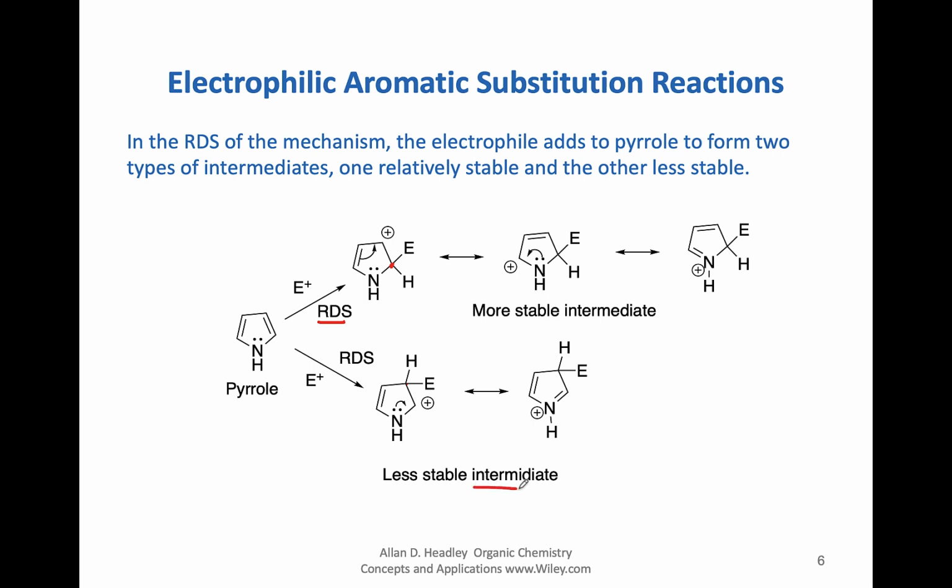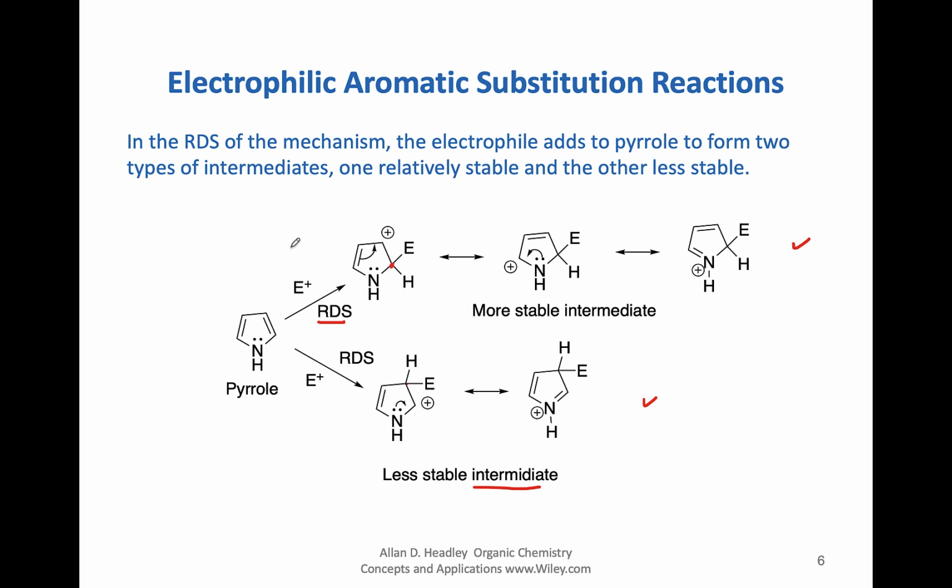The bottom line is, out of these 2 intermediates, this one and this one, which is more stable? Why do we need to know that? Because the more stable intermediate will lead to the major product. This intermediate here on top is more stable because we can draw more resonance structures for this intermediate compared to this intermediate here.